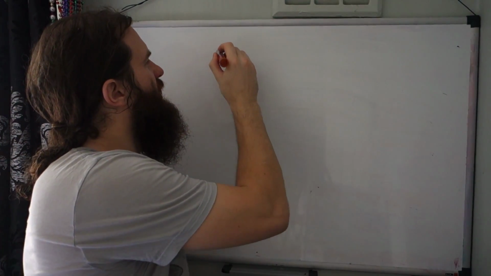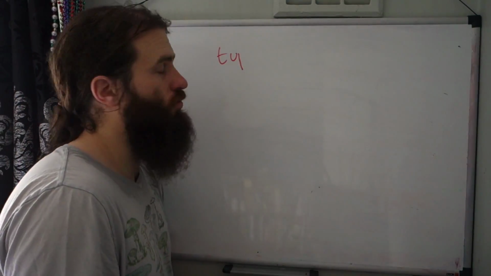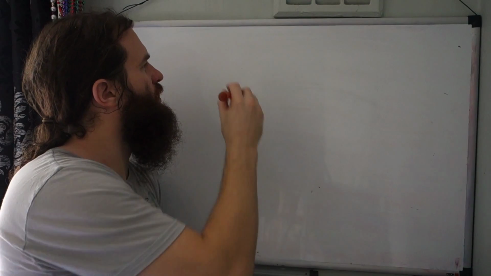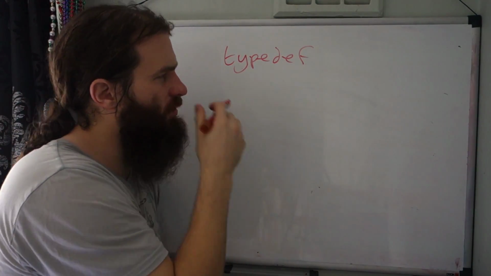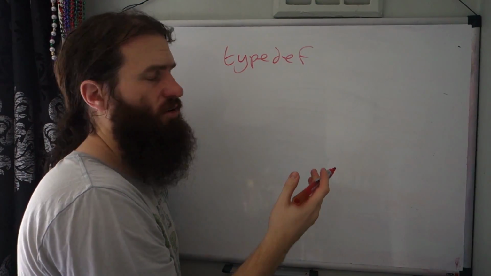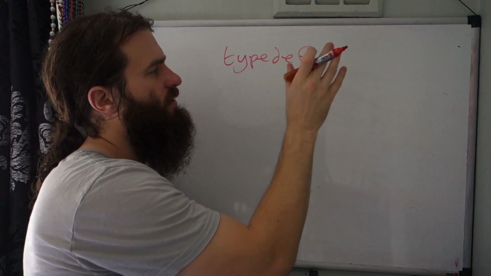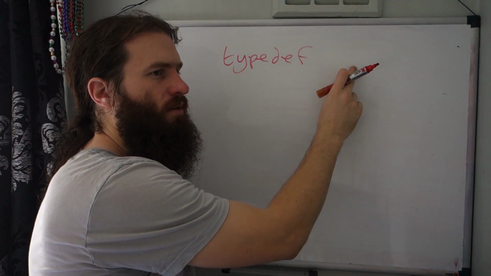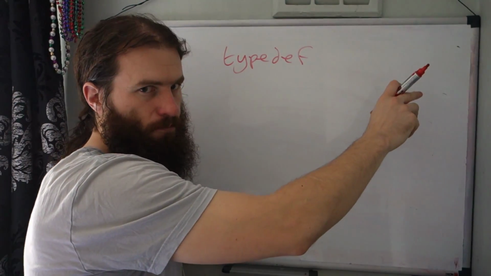So you would say typedef, to define a new type, and this is a general thing you can use. The syntax is typedef, then the type that you're trying to define or give a name to, and then the name.